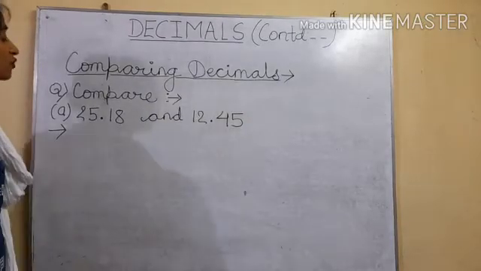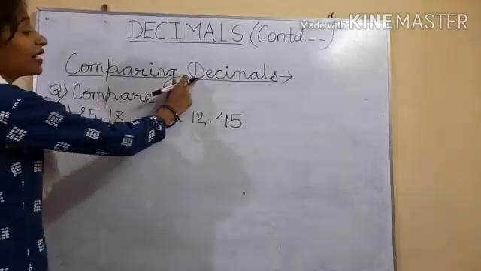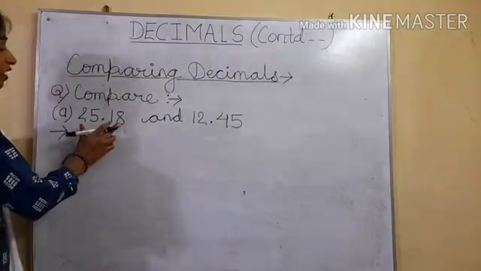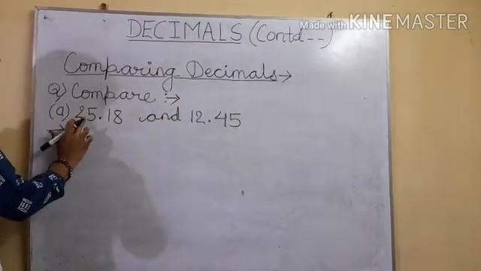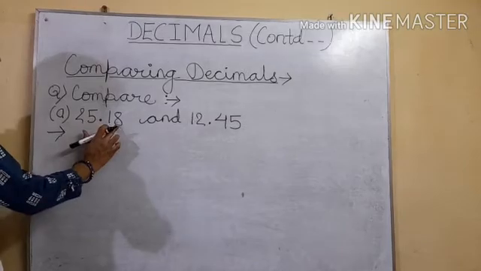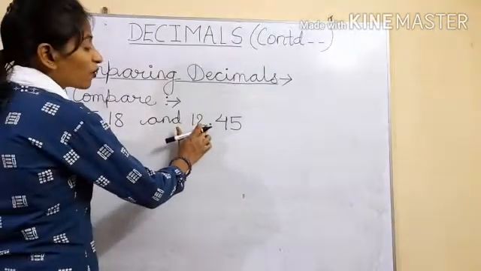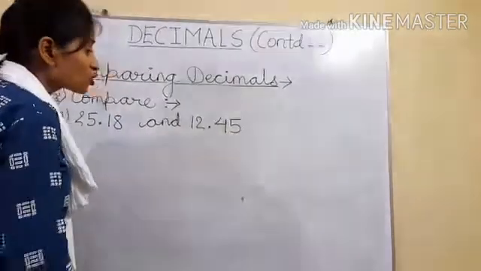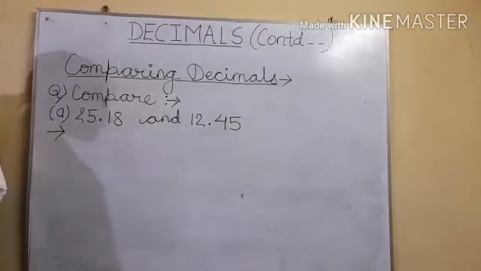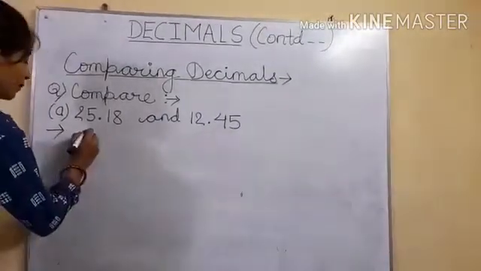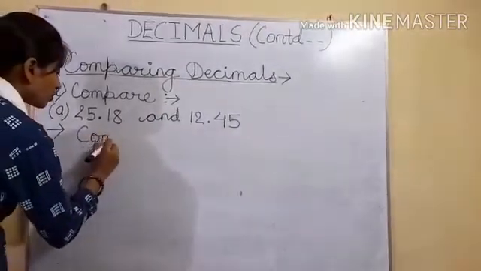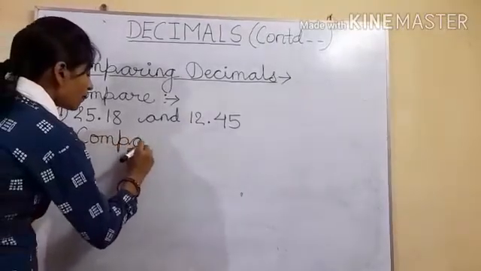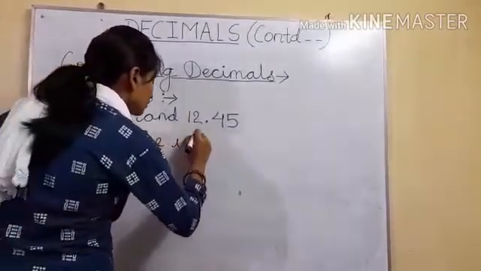Here we will discuss a few questions of comparing decimals. First question, compare 25.18 and 12.45. So how will we compare? It's very easy. First we will compare whole number parts.